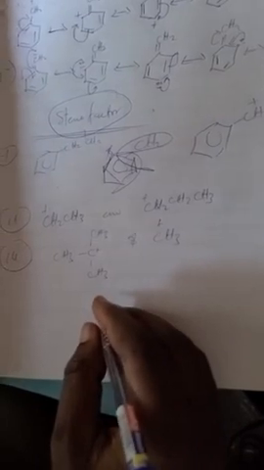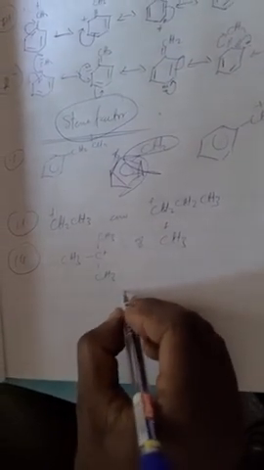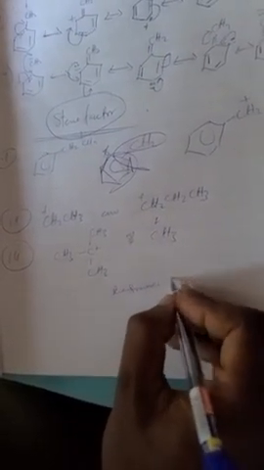Between this and this, which one is more stable? And between this and this, which one is more stable? Okay, identify the most stable, the one that will be more resonance stabilized between these. Between this, alright. One.